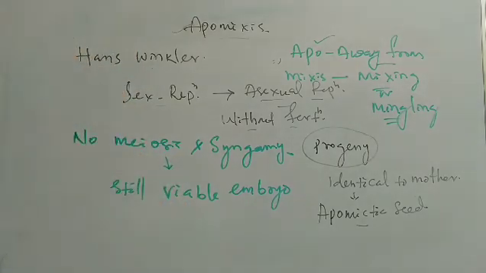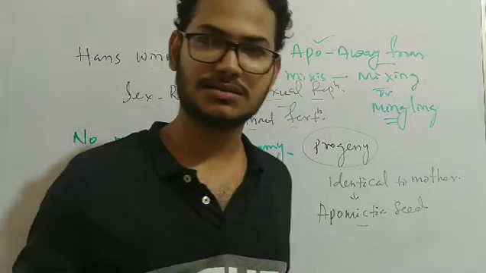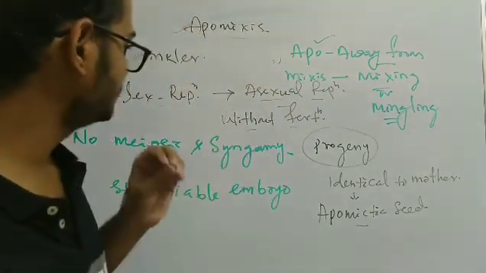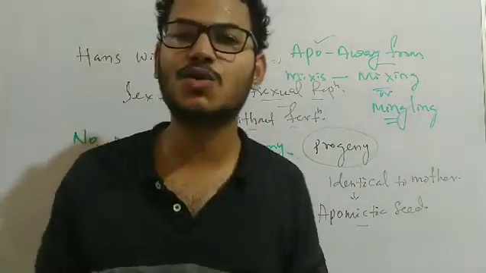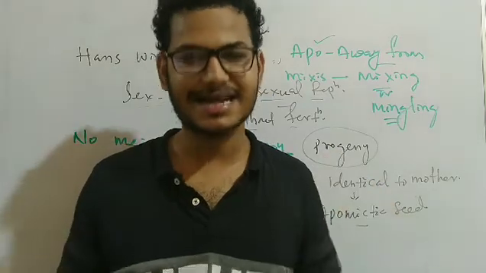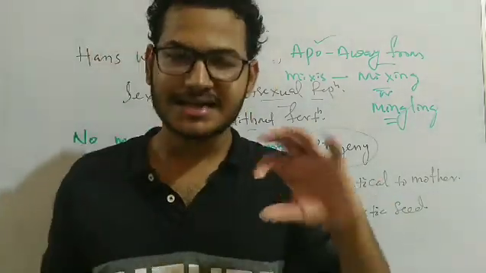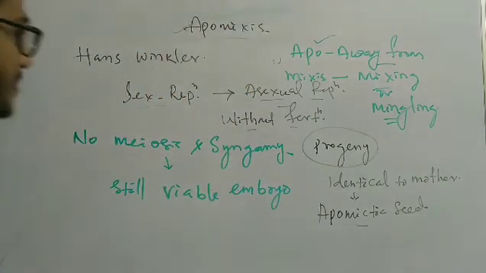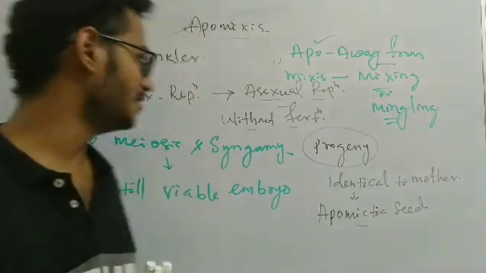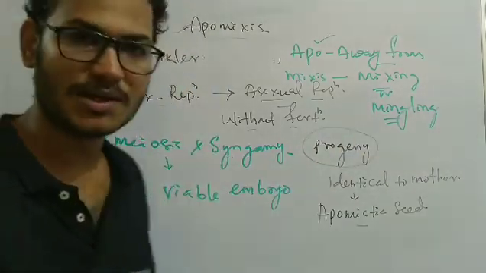So this is all about apomixis, polyembryony, and how the seed germinates in favorable conditions, how it undergoes a metabolically inactive stage or dormancy phase, how it is stored by dehydration and remains viable.